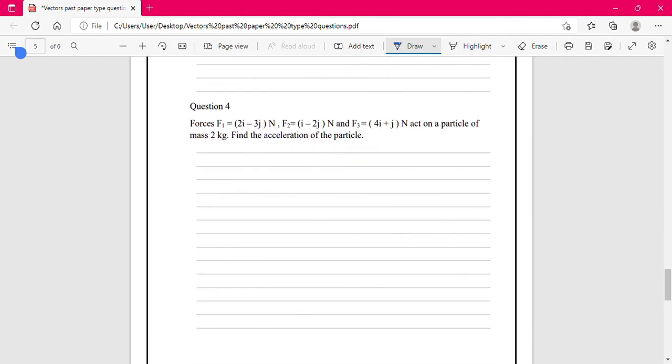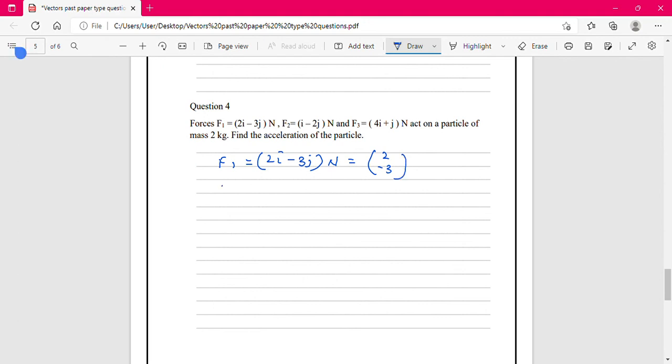So come to the fourth question here. Force F1 is 2i minus 3j newtons, which in column form is (2, -3).